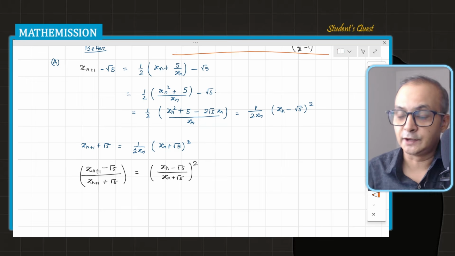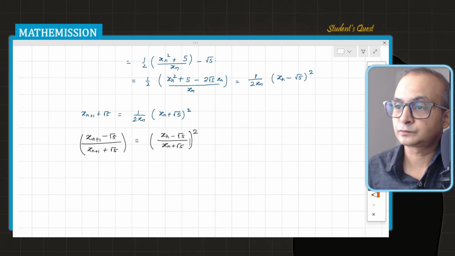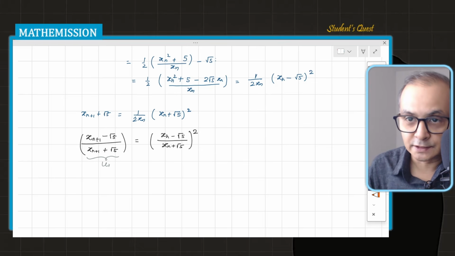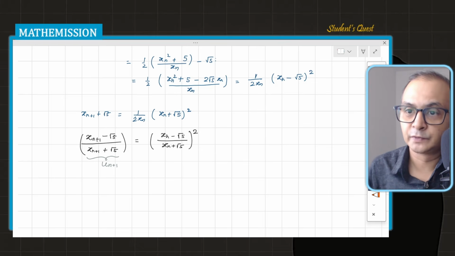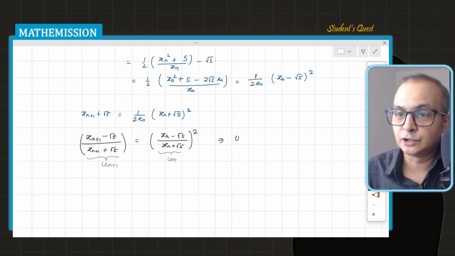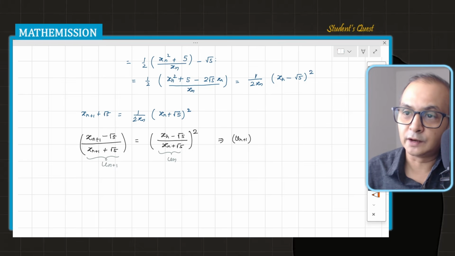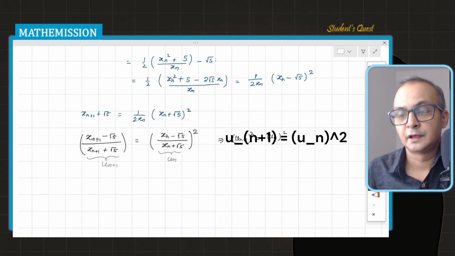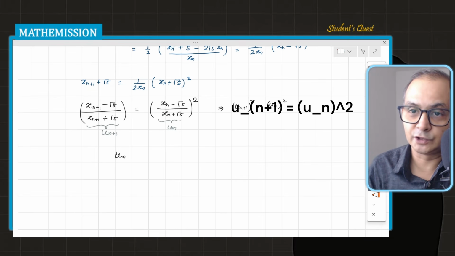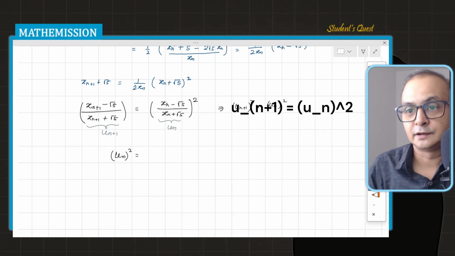And you notice carefully, if I assume this as a new kind of term, un plus 1, and this will be the un, then basically un plus 1 is equal to un squared. And so I can write un squared is un minus 1 squared.